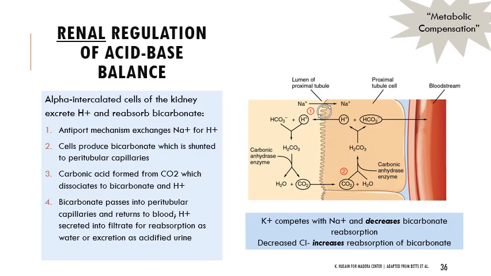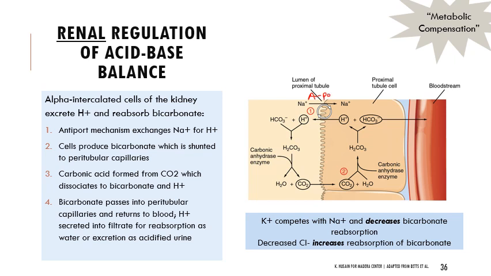So when we're thinking about this idea of metabolic compensation or renal regulation, you should tie those ideas of renal and metabolic together in your heads. This is happening in the intercalated cells of the kidney, where you're excreting protons and reabsorbing bicarbonate. What's happening here is we have over here an antiport mechanism.